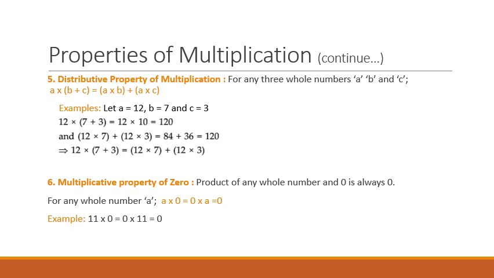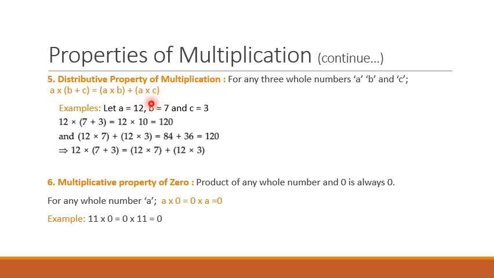Now the next property of multiplication is the distributive property of multiplication. The distributive property says for any three whole numbers a, b and c, the product of a and the sum of b plus c is equal to a multiplied by b plus a multiplied by c.